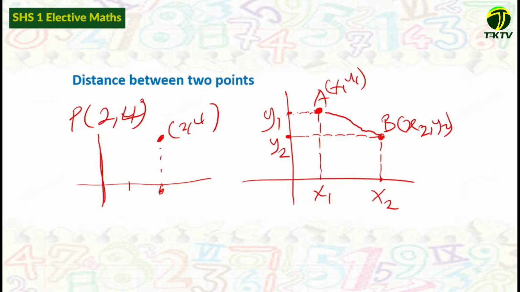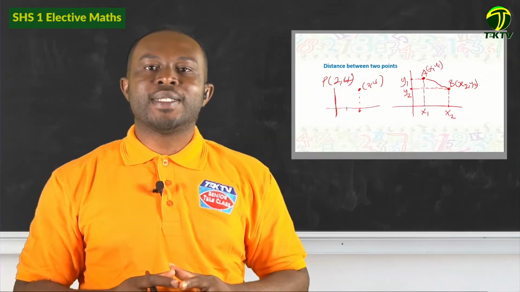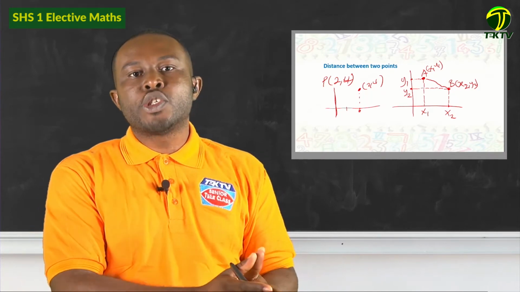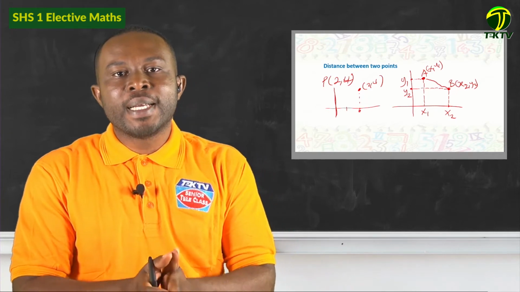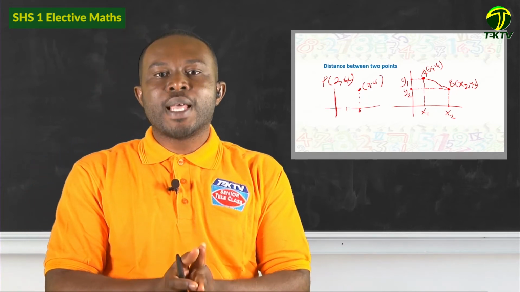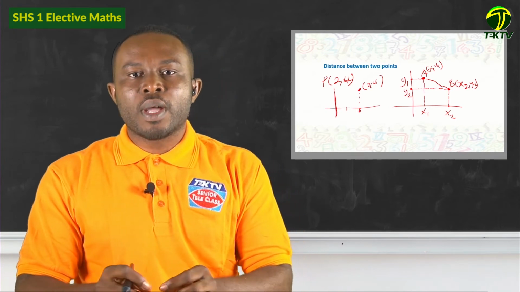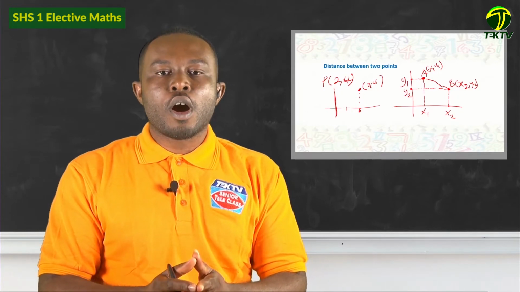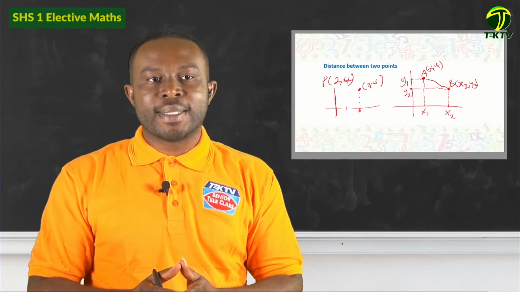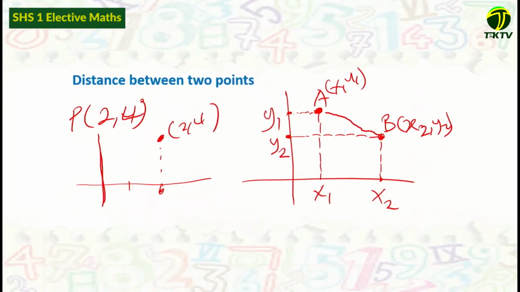But note this one. Anytime you have a right angle triangle, two things come to mind. That is the trig ratios or the Pythagoras theorem. We are now going to apply the theorem, which says that the length of the longest side, the square of that, is always equal to the sum of the squares of the two adjacent sides. In this case, let me label this point here as C, so that we will have triangle ABC.